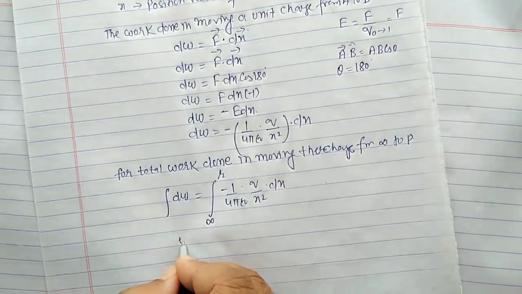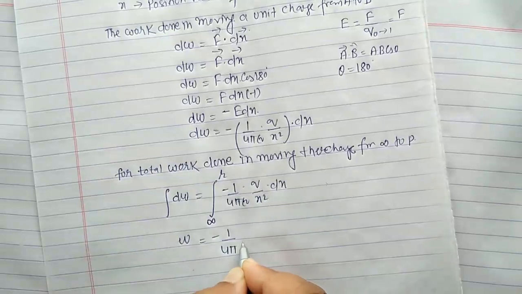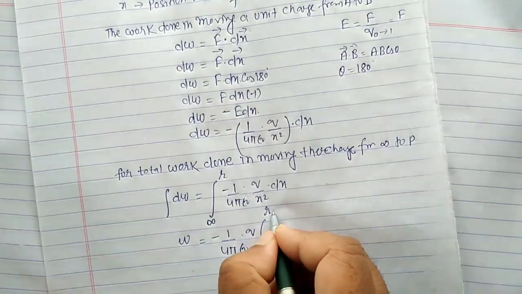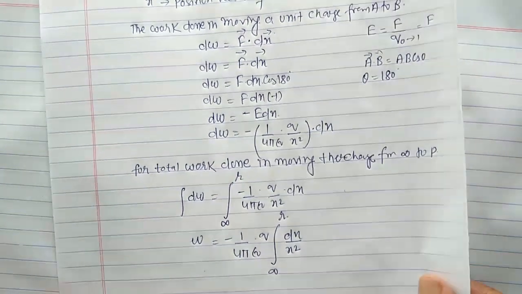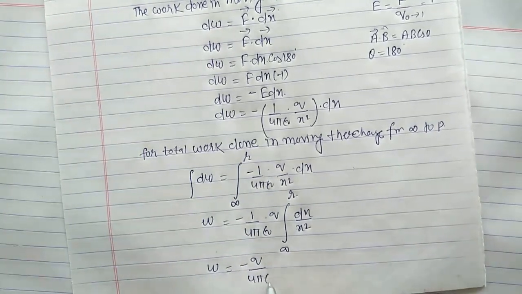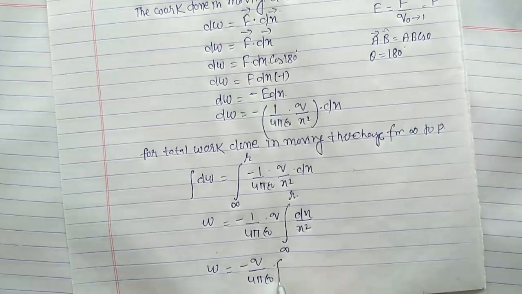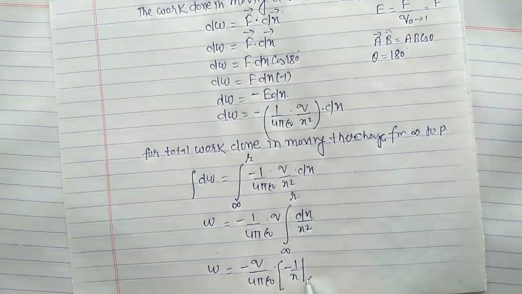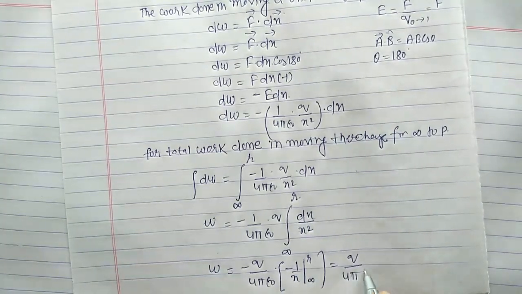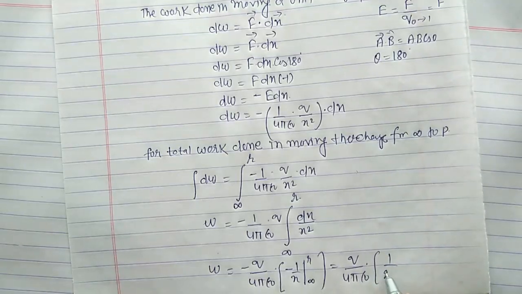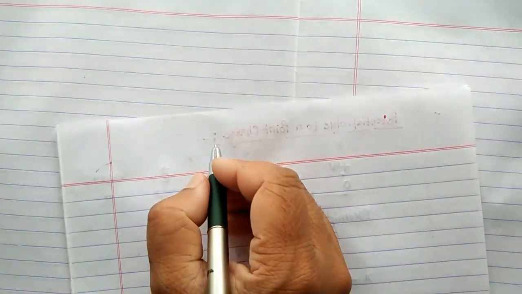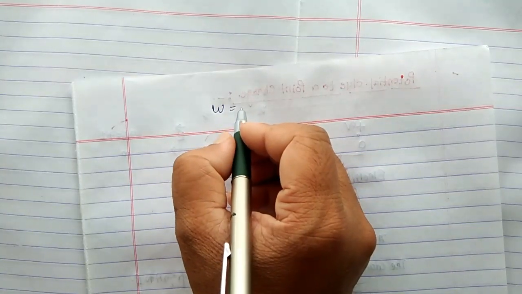Now integrate this term. Total work done is 1 upon 4 pi epsilon naught q, a constant, times the integration of dx by x square, limit infinity to R. So W is equal to minus q upon 4 pi epsilon naught times the integration of dx upon x square, which will be equal to minus 1 by x, limit infinity to R. So this can be written as minus into minus, plus q upon 4 pi epsilon naught 1 by x, limit infinity to R. Now put in the limits.